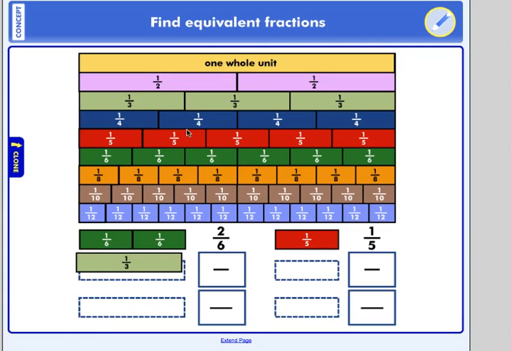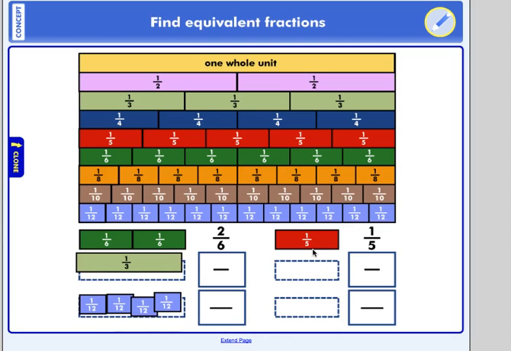What else lines up in this same spot? Here, 1, 2, 3, 4 twelfths. So I can say that 2/6 is equivalent to 1/3, and it's equivalent to 4 twelfths.